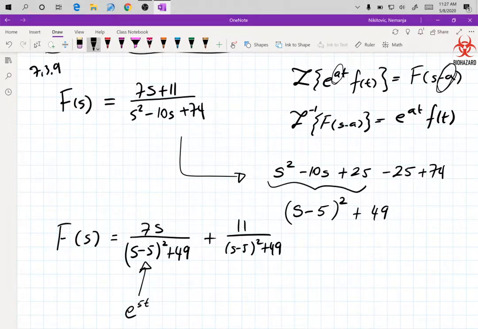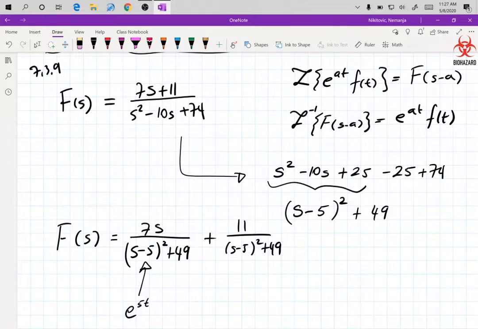So negative a in the f, right? But I don't have all of the features of that, because I do need s minus 5 on the top as well. I should have stolen from 11, but we'll have to fix that. So when you are dealing with these things, your s needs to be subtracted as well.